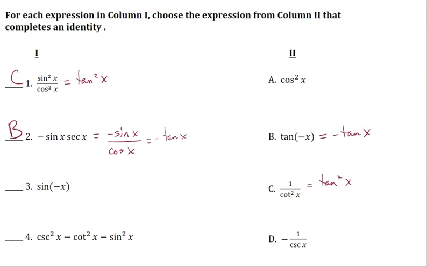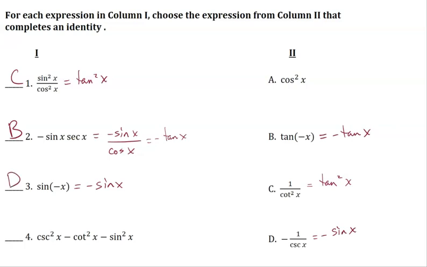Okay. Sine of negative x, because sine is odd, is the opposite of sine x. Again, looking over here, A and D, I got a squared, that's not it. Down here, I have a negative, but then I also have 1 over cosecant. I can move cosecant up to be sine x with the reciprocal identity, so those are the same thing.